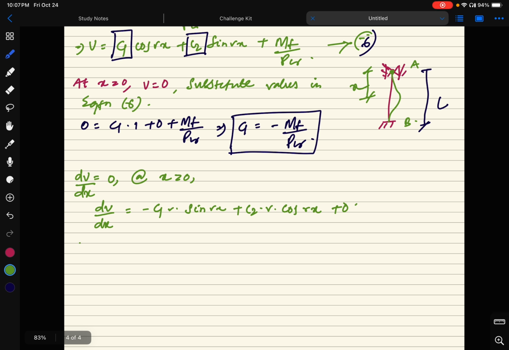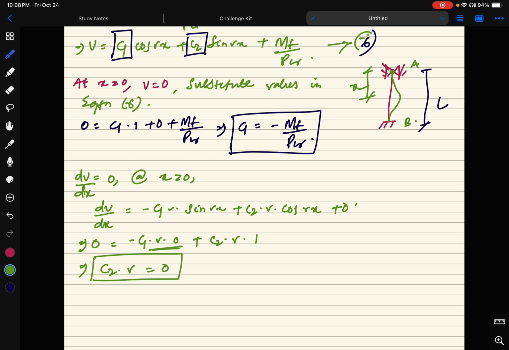Now dv by dx is 0. We'll substitute. So minus c1 dot R multiplied by sin 0, which is 0, plus c2 R times 1. So we have c2 dot R is equal to 0.